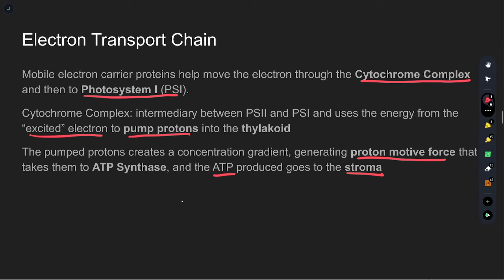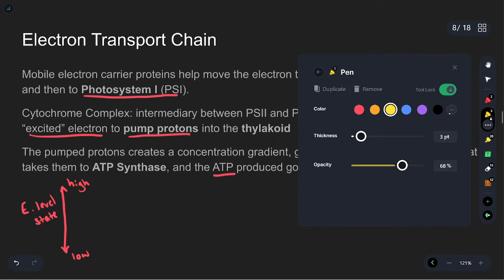So looking back, if we were to talk about this with our energy level state perspective, I'm going to rewrite it here. Energy level state, this being low, this being high. I want green here.